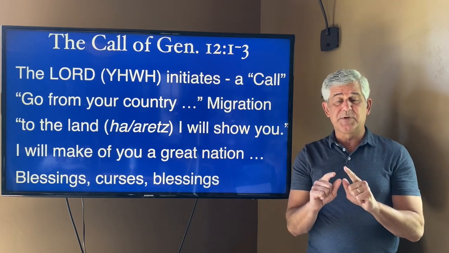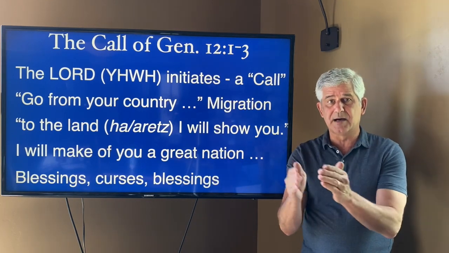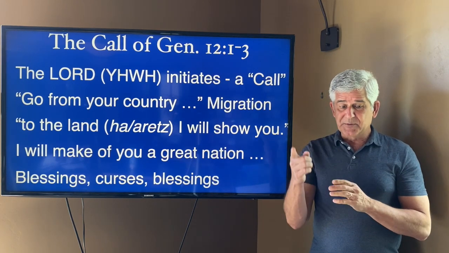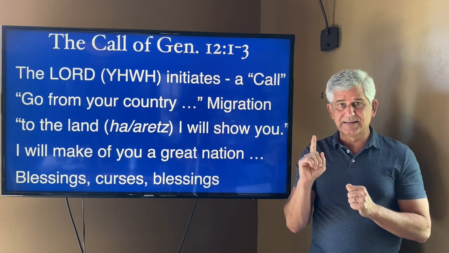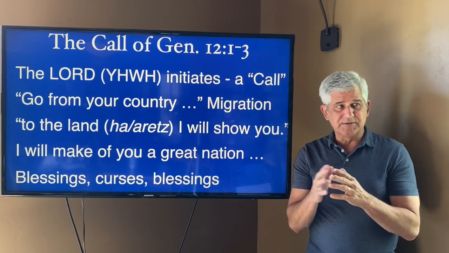So many biblical scholars refer to these first three verses as the promise that God makes to Abraham. And the first part of that promise is, I will make you a great nation. The word for nation is rather interesting.